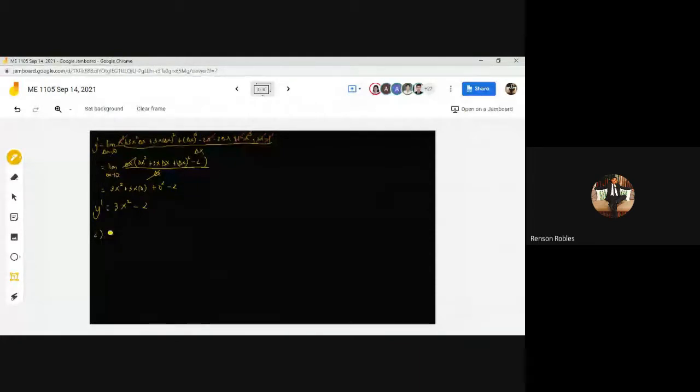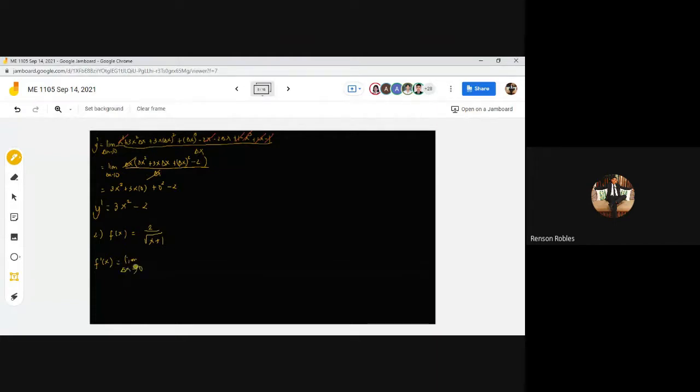Okay, number 2. F of x equals 2 over square root of x plus 1. So, again, following the formula, f prime of x equals, this is a fraction. If that is a fraction, you can just write 1 over delta x in front.